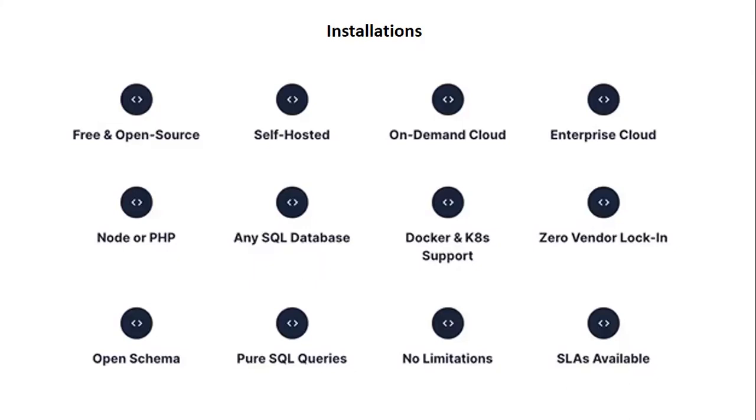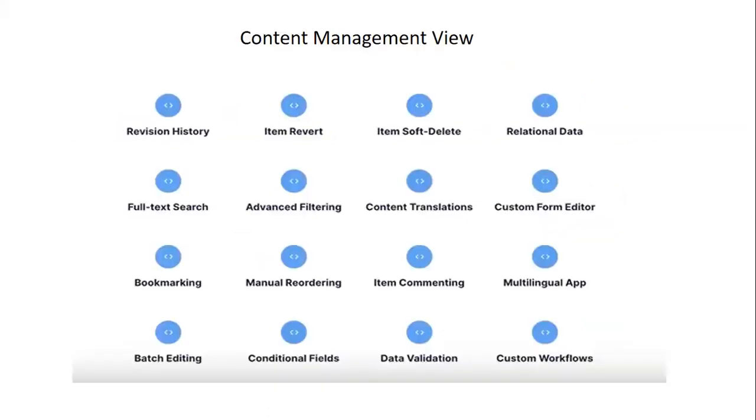Let's go ahead with the content management. So this is the way we can install it and handle things. Now the content management view: maintain the revision history, item reverts, soft deletes, relational data, full text search, advanced filtering. So all these facilities and features are available. Custom workflows are there. Data validation, conditional fields, conditional access and retrieval, then custom form editors, bookmarking.